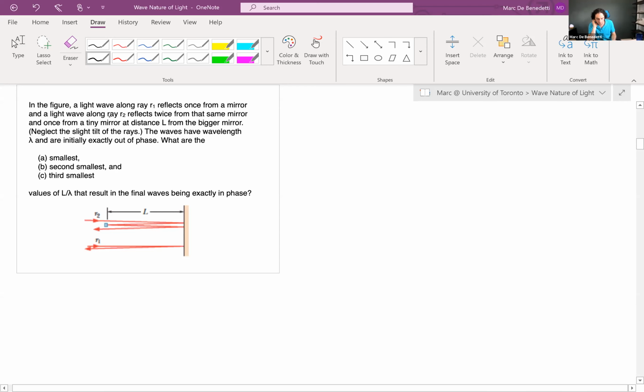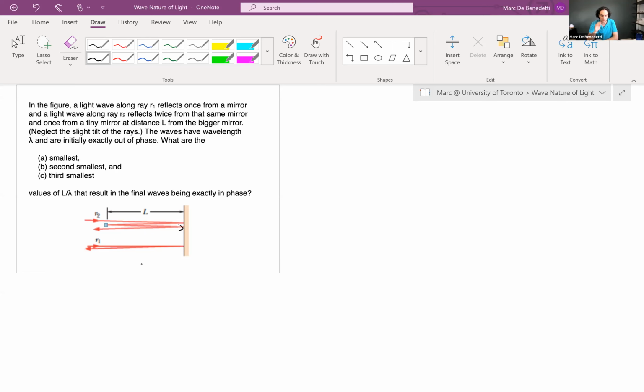It hits the same mirror as before, and then it bounces back and it hits a small mirror fixed a distance L away from the big mirror, and then it is forced to reflect back to this mirror and then back away.